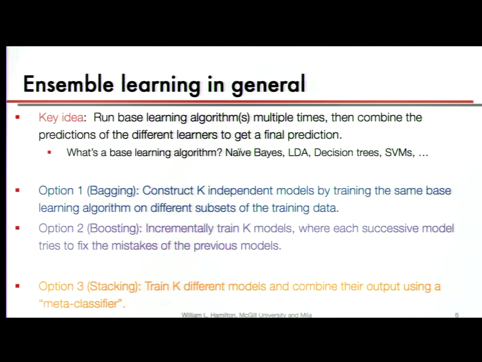So what is ensemble learning? Well, the basic idea here is we're going to run some number of learning algorithms, maybe the same algorithm multiple times. We're going to run this algorithm, say k times, and then somehow combine the predictions made by all these different runs into one final output prediction. Now, why might we want to do this? Well, a lot of algorithms have varying strengths and weaknesses.